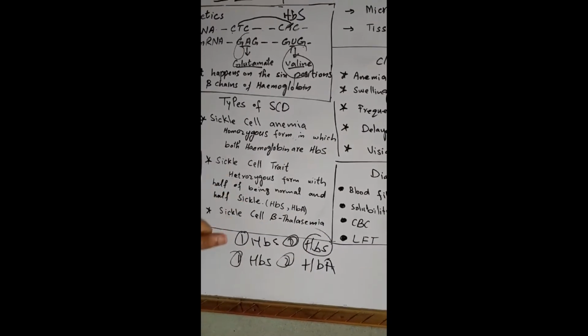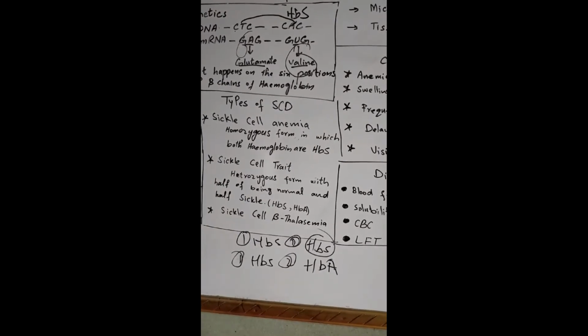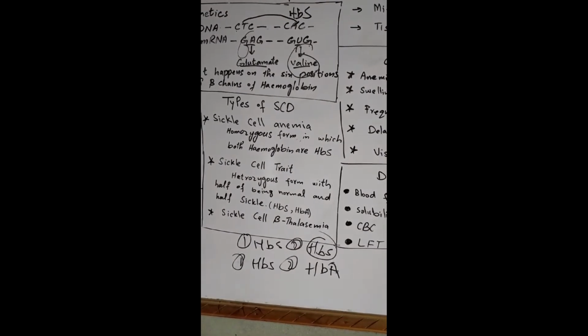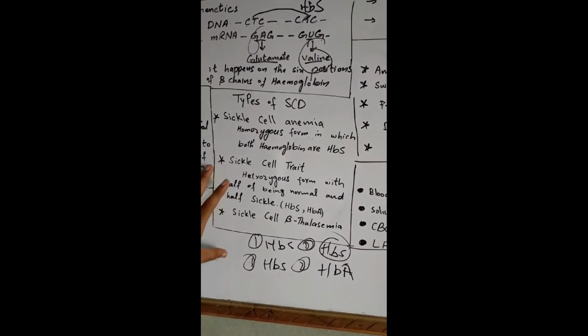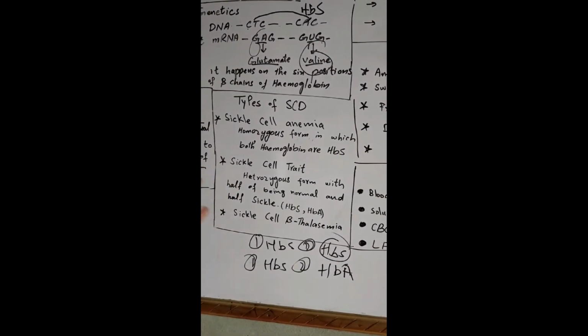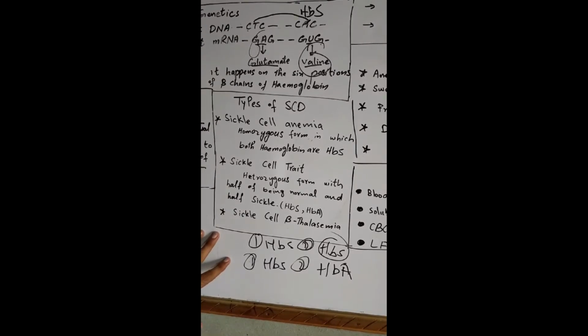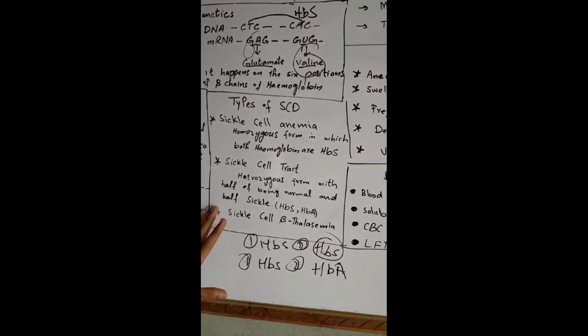Second is sickle cell trait, the heterozygous form with half being normal and half sickle. This means the patient will be a carrier, and no symptoms will show. Symptoms will only show when there is a very hypoxic condition for the patient.